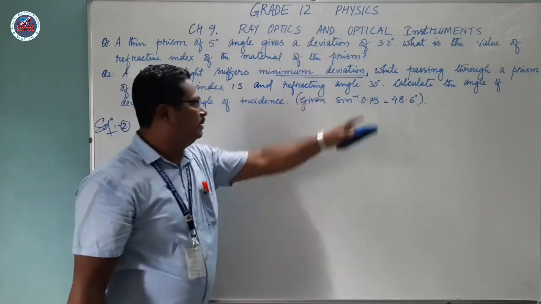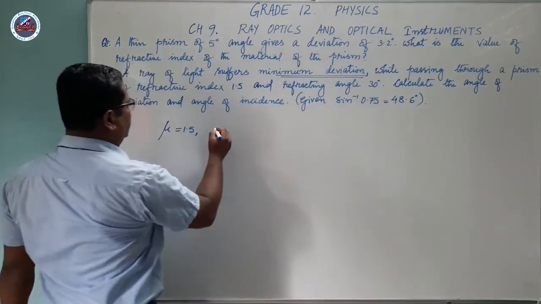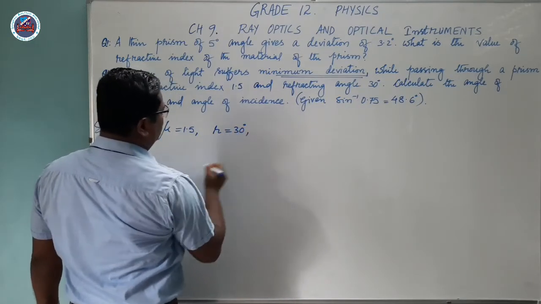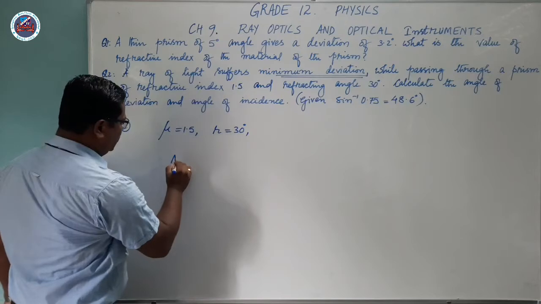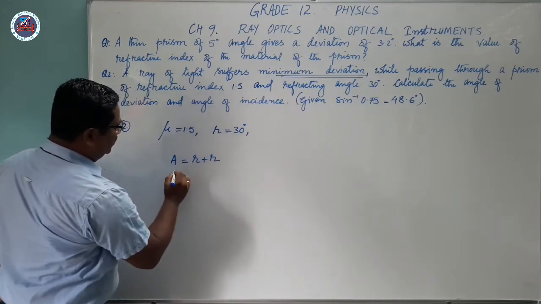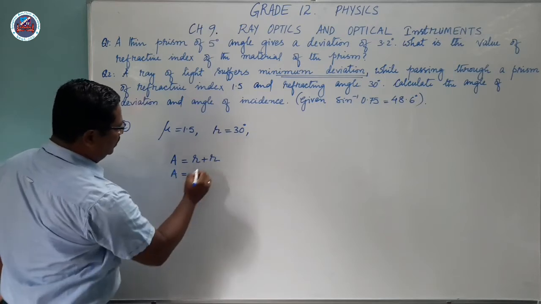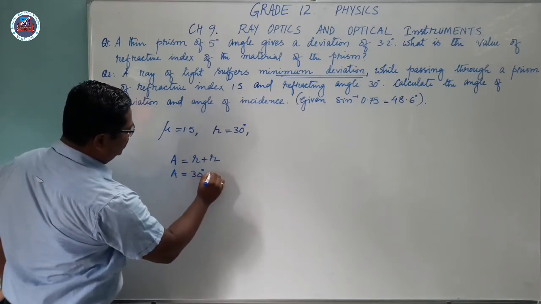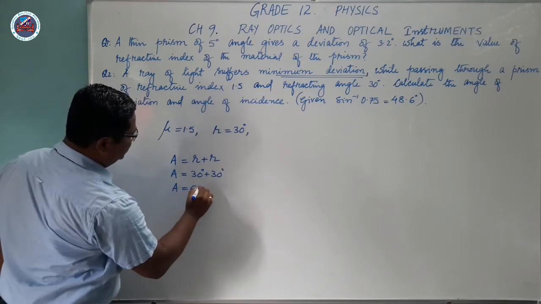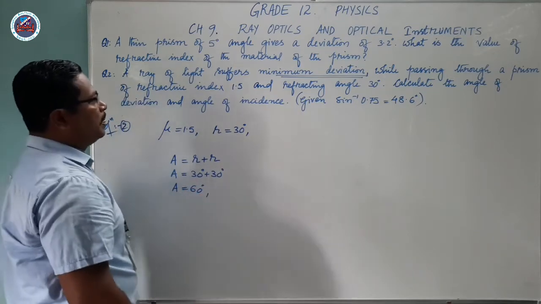And refracting angle 30 degree. So if the refracting angle is 30 degree, then we know that A plus A is equal to R1 plus R2. Here it will be R plus R. A is equal to 30 plus 30, we will get it 60 degree. So the angle of the prism is 60 degree.